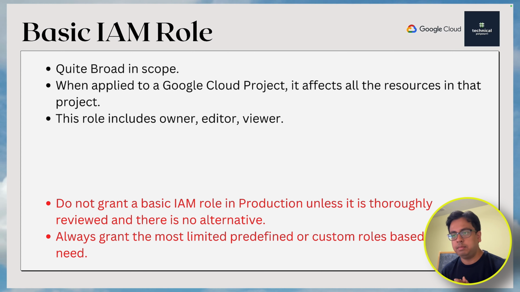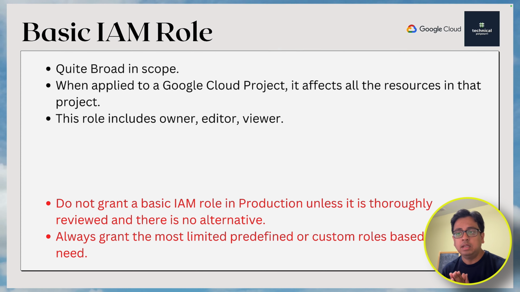So basically what I'm trying to tell you here is that always think first of a custom role or predefined role and give the least privilege permission. Don't give the broader permission. Give only the permission a particular person needs to do their job. This is a very basic principle. This is called the least privilege principle. Always give the least permission that person needs to do their job.